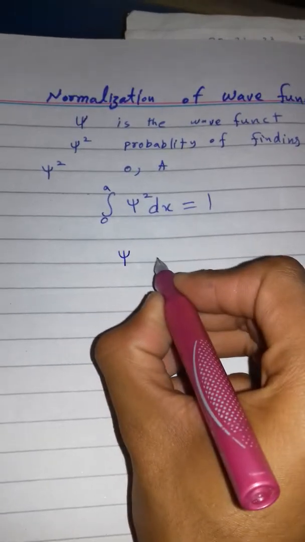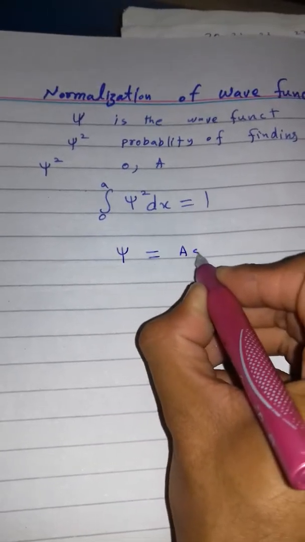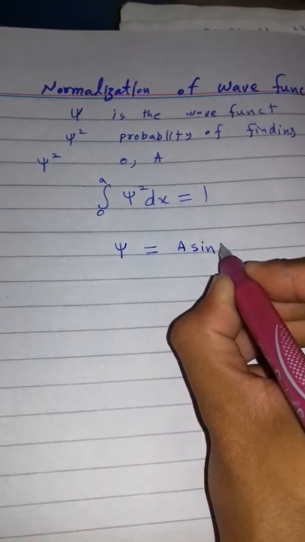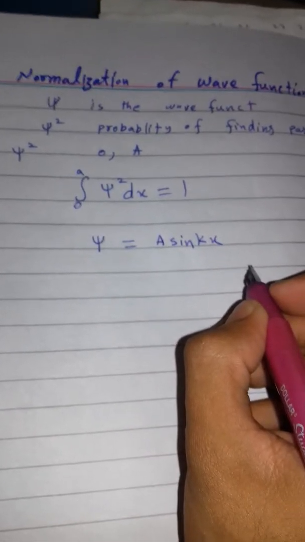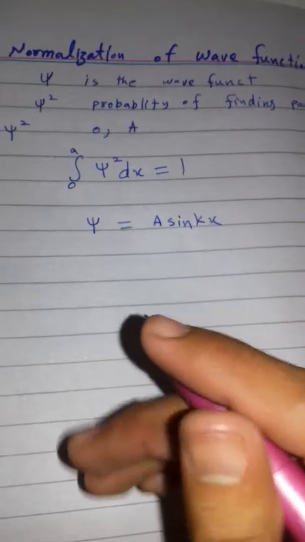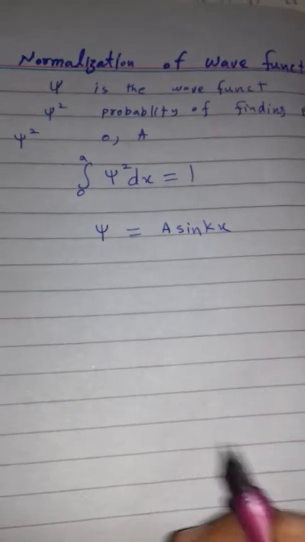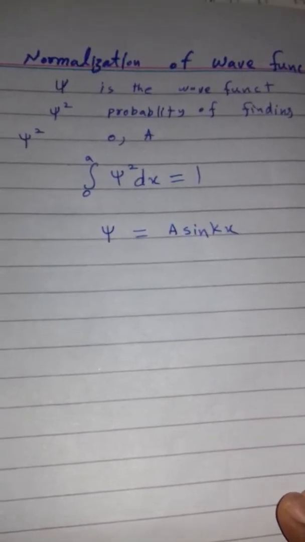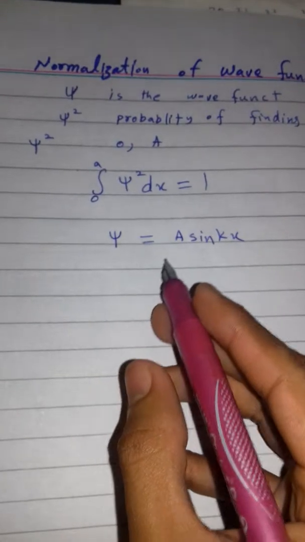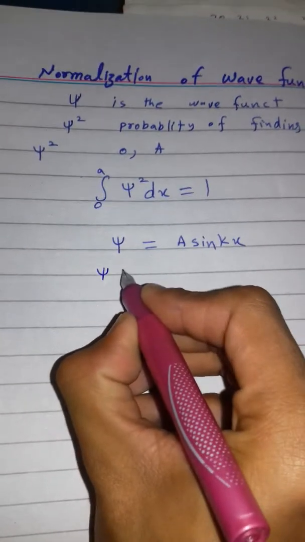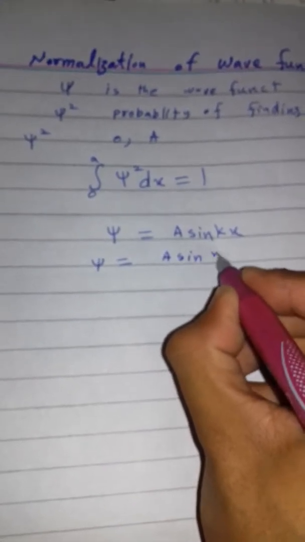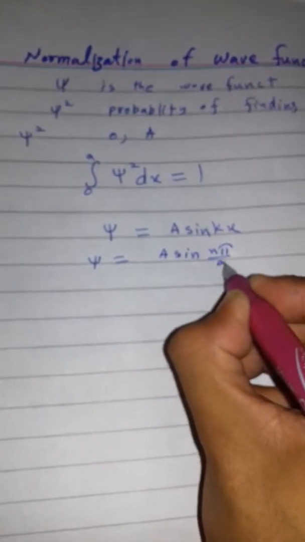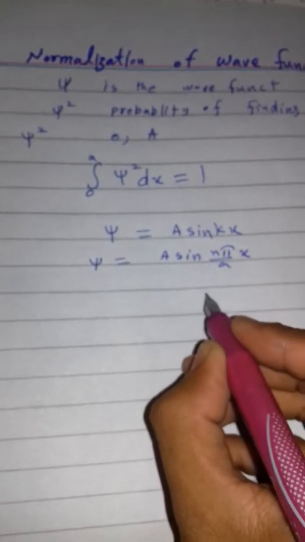As we know, psi is equal to A sin kx. We have discussed this in the one dimension particle box. By putting the value of k, psi is equal to A sin(nπx/a).